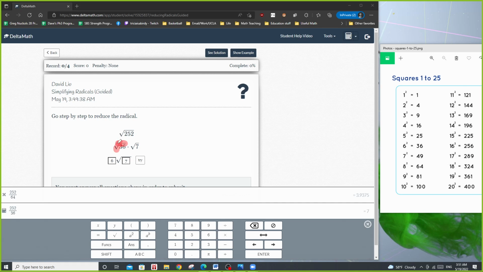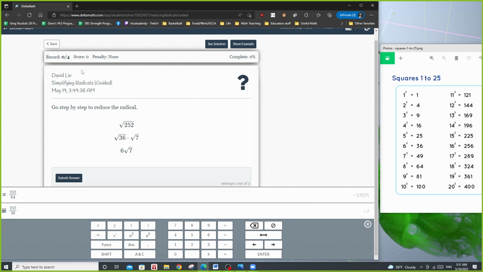This symbol right here is called the square root. It undoes what happens here, okay? So if this equals 36, this goes backwards. This changes it into 6. Okay? That leaves us with 6, and underneath goes 7, okay?